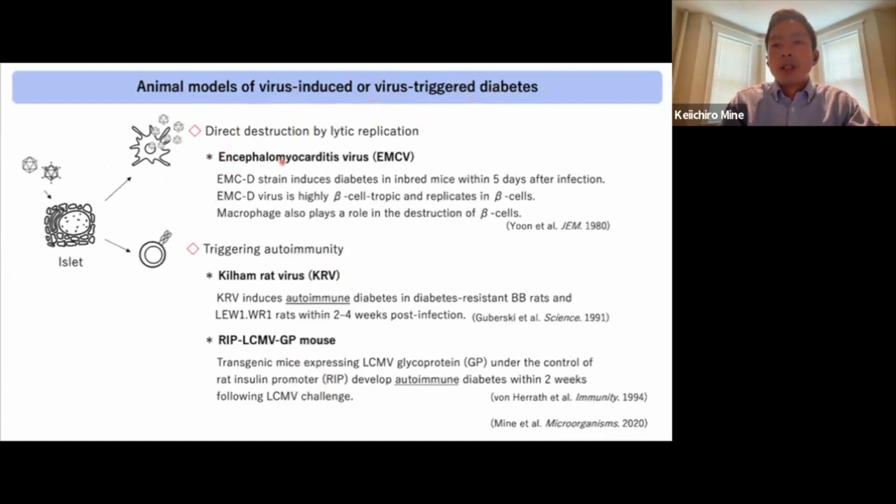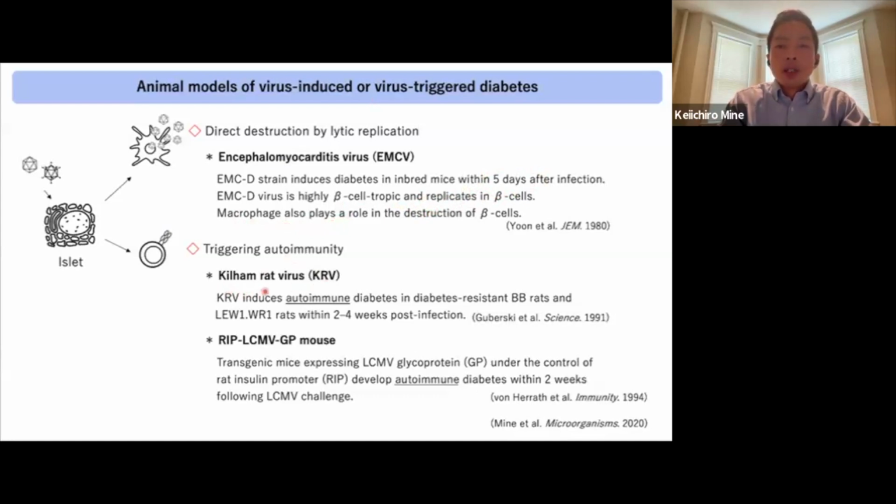Encephalomyocarditis virus, this strain is highly beta cell tropic, replicates in beta cells and induces diabetes in mice within 5 days after infection. This is a model of direct destruction of beta cells, but macrophages also play a role in this model.